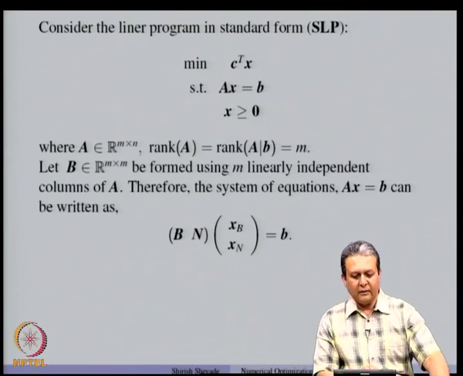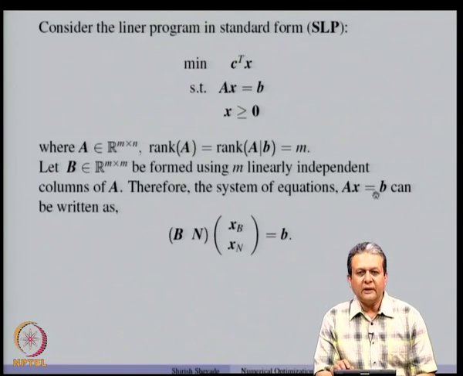So, in other words, the system of equations Ax equal to b can be written as where A is split into two sub matrices B and N. B is of the size m by m and N is of the size m by n minus m.